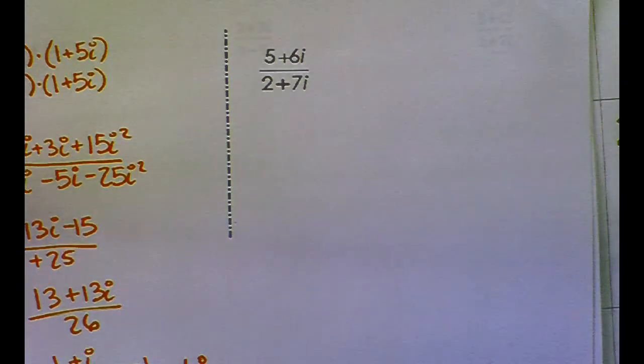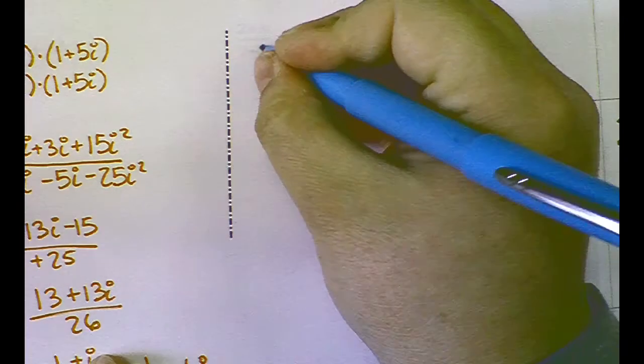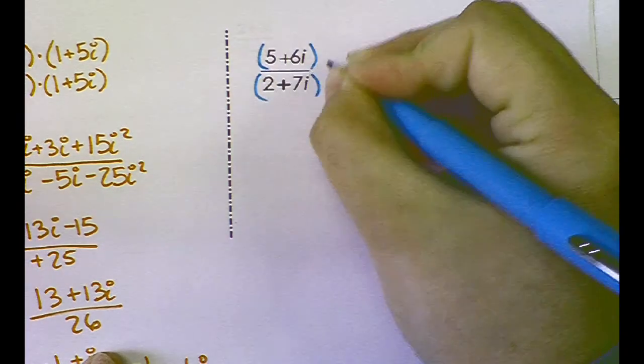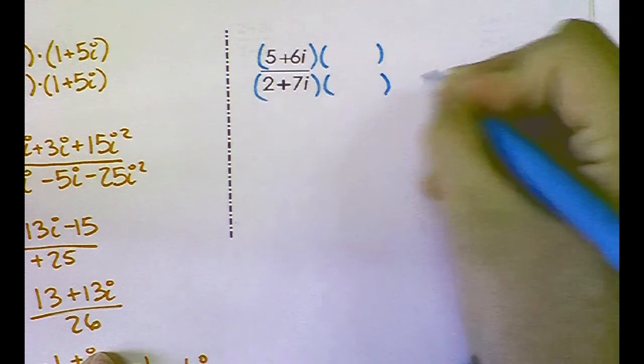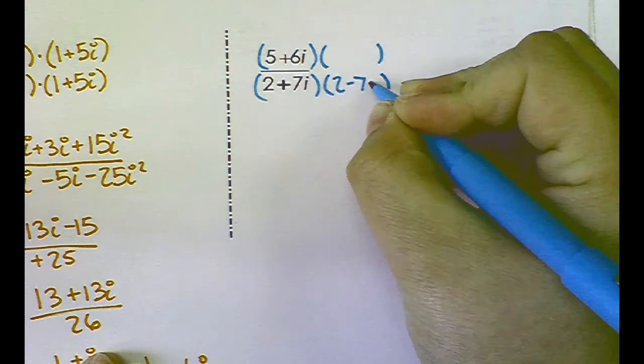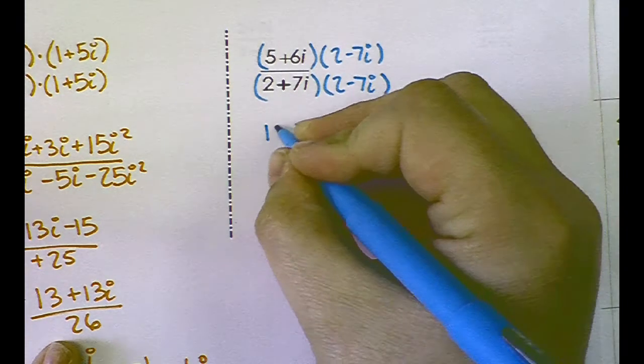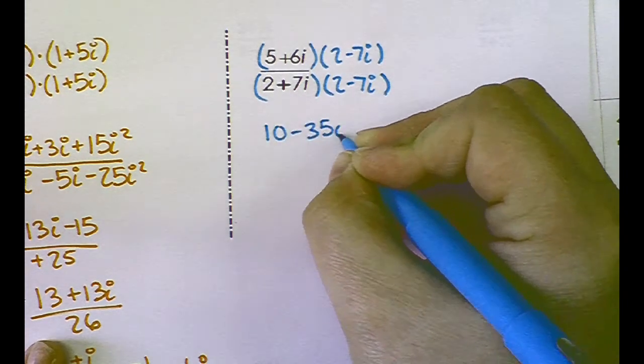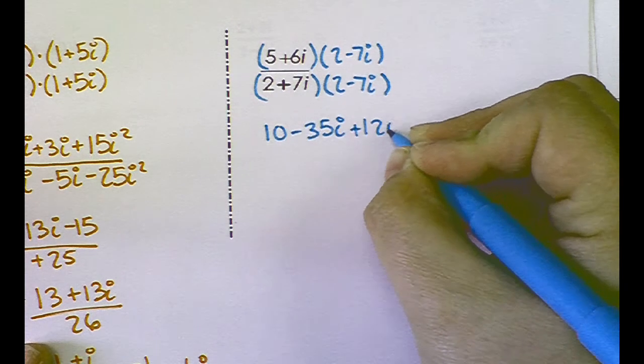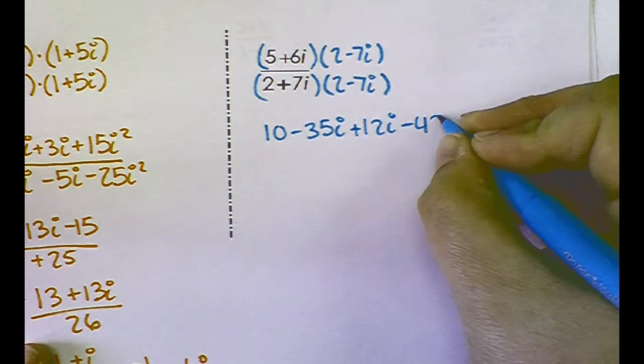All right, for the next one, to get that i out of the denominator, we multiply by the complex conjugate of the denominator, which is 2 minus 7i. FOIL the numerator, I get 10 minus 35i plus 12i minus 42i squared.